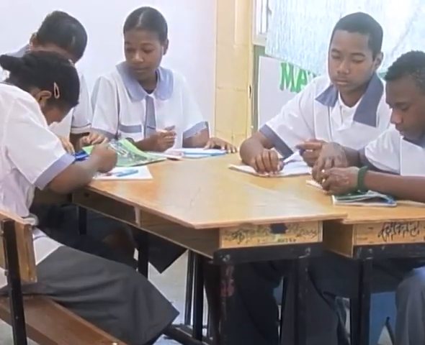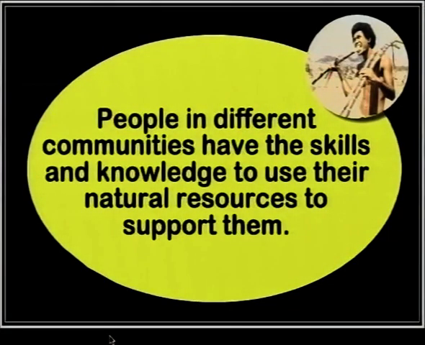Rachel, can you read, please? Receiving students, one volunteer to read the statement. People in different communities have the skills and knowledge to use their natural resources to support. All right, good.